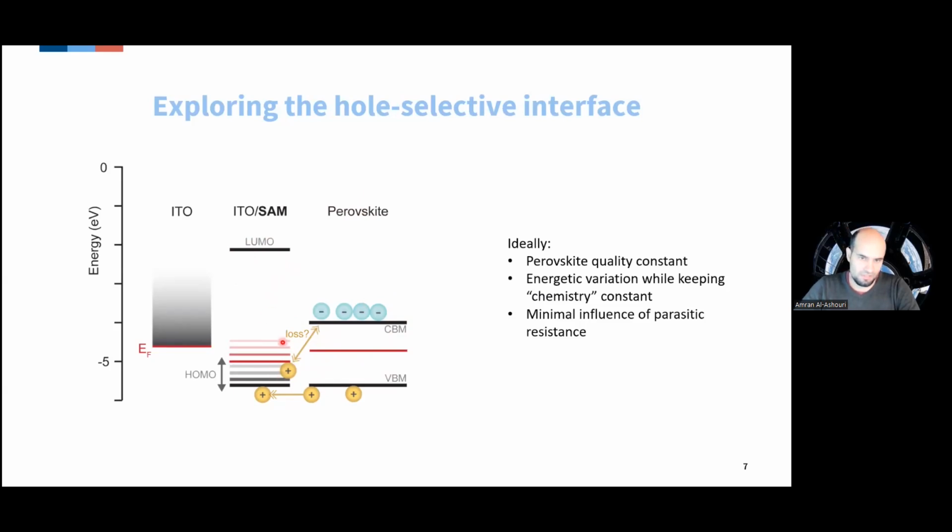Then you only want to vary the energetics here while keeping the chemistry constant, so the interaction between the hole-selective layer and the perovskite. And you don't want any parasitic resistance to mess with your fill factors and so on, which makes things, again, much more complicated. And here's where self-assembled monolayers come into play, because usually the chemistry remains the same, and just by slight changes in the atomics, you get wildly different energetics.